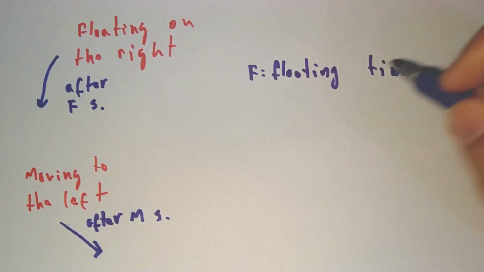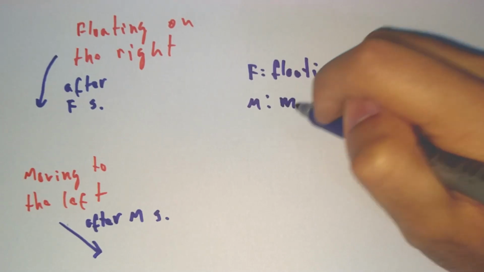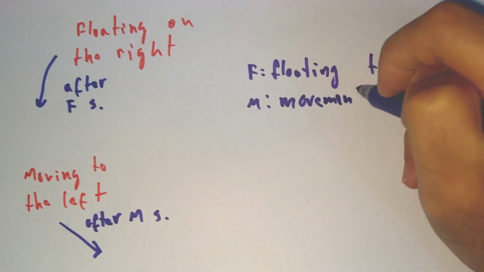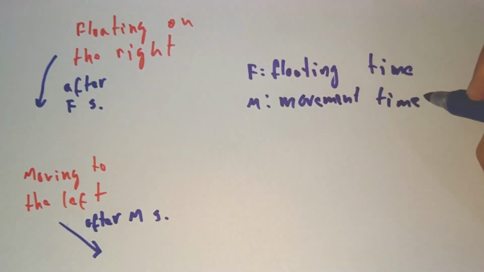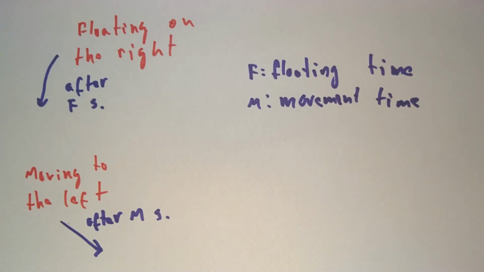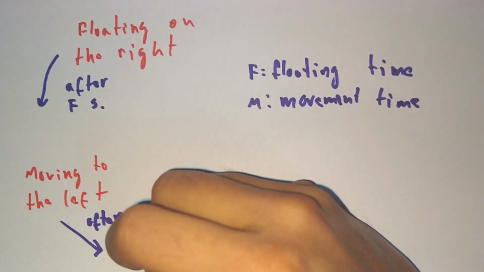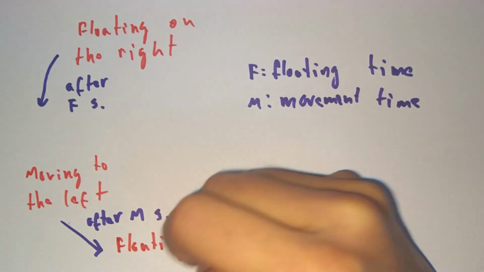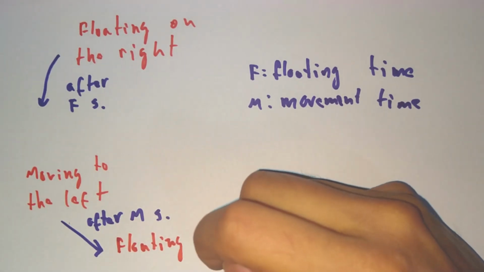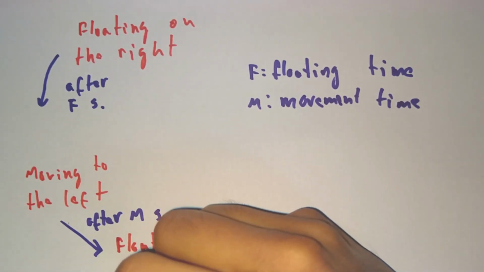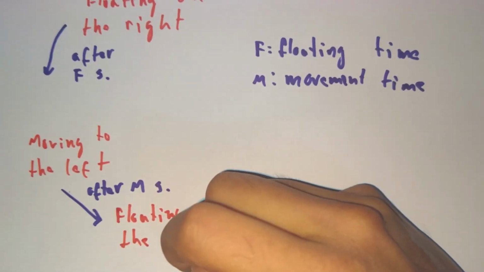And M is the movement time, also given in seconds. So after M seconds, the boss will change the state to floating on the left. So he's just floating on the left side of the screen after having moved there.